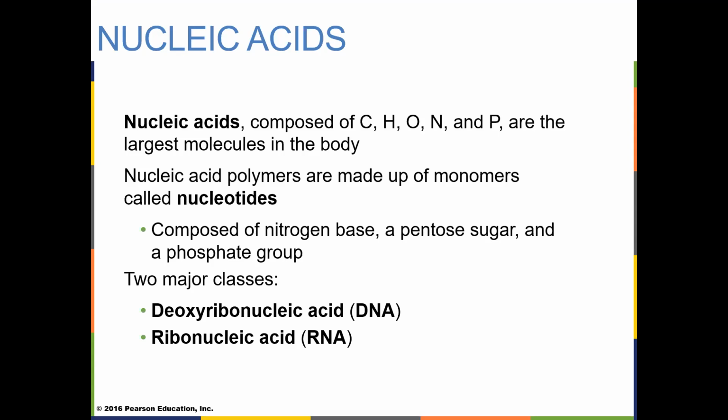Now, the two types of nucleic acids are DNA and RNA. DNA, deoxyribonucleic acid, and RNA, ribonucleic acid. The RNA has an extra oxygen in its sugar, and that's the only difference.